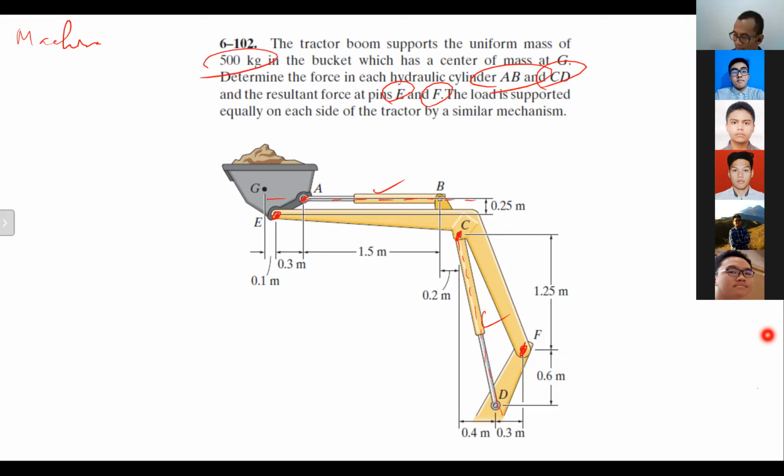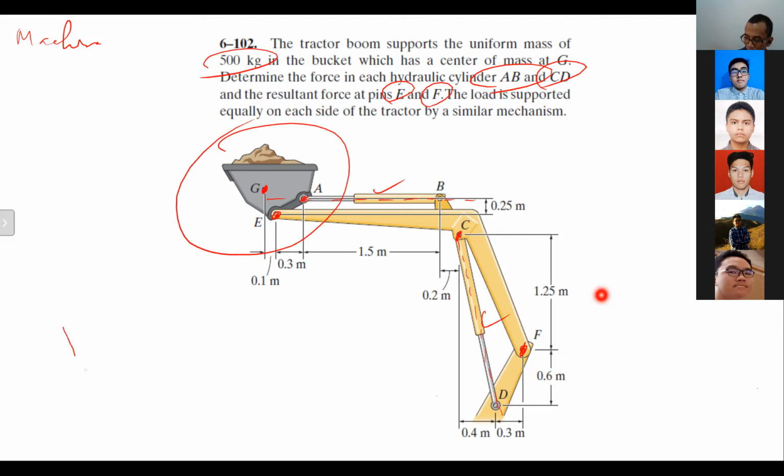And the center of gravity is here at point G. Correct, so we know about it. Then in that case, we can solve for this particular small system first.